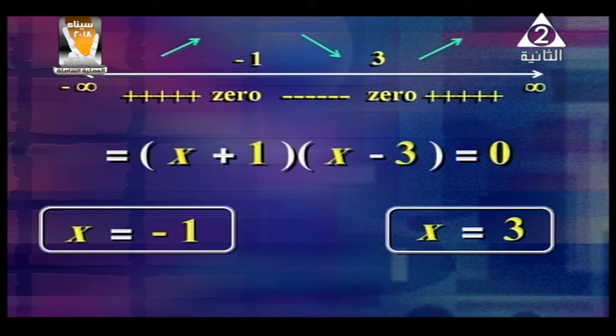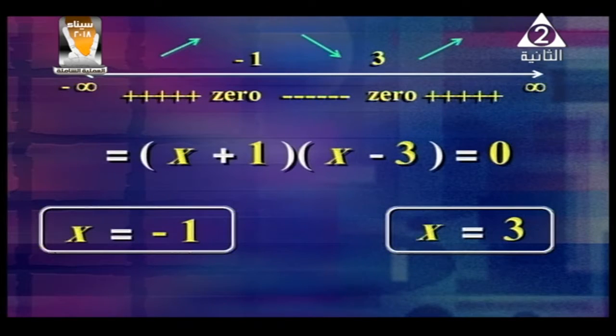In the last interval, open interval 3 to infinity, we find f dash x more than 0, which means it is positive. Then the behavior of the function is increasing.